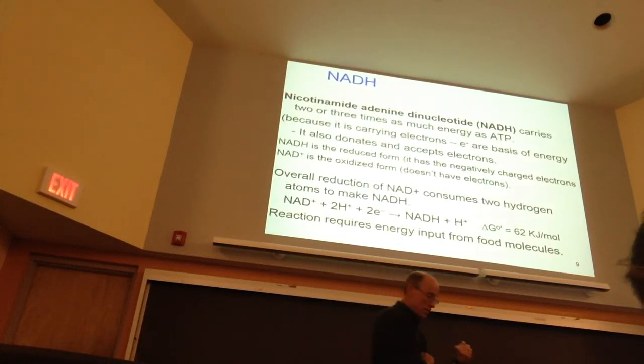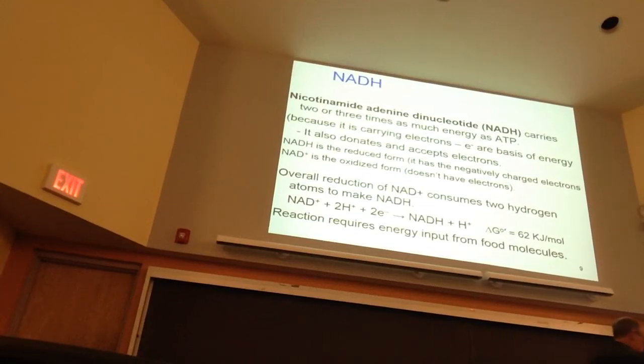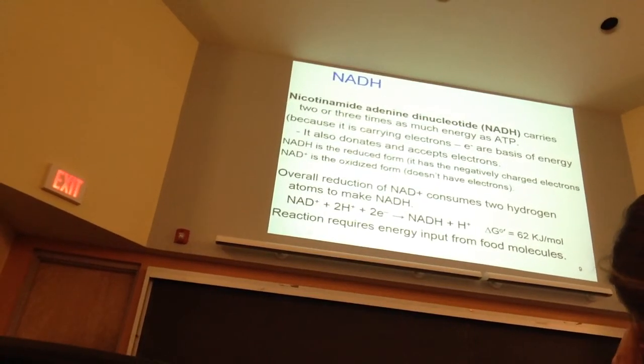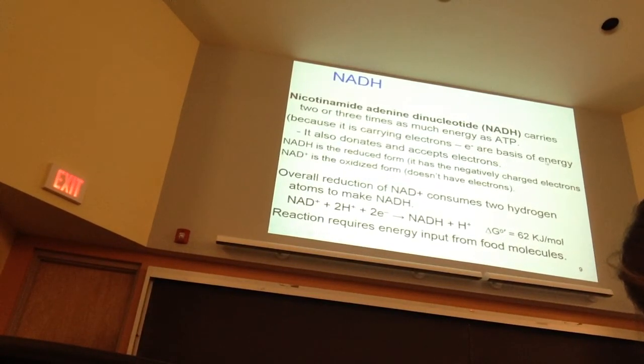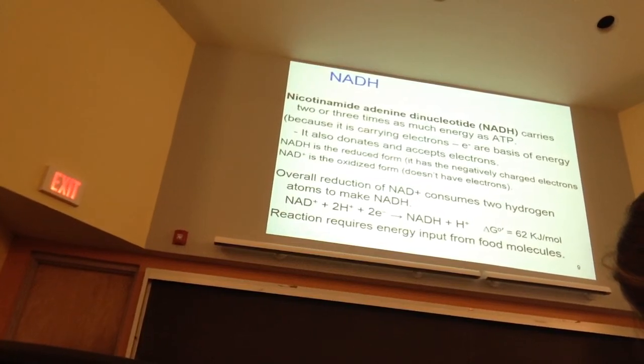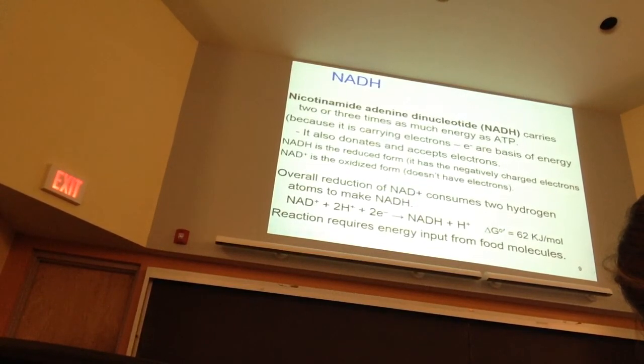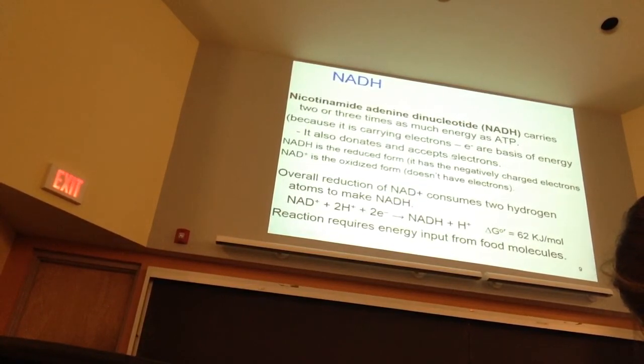To track energy is to track electrons, is one of the things I stress. The electrons are the basis of energy. And so NADH donates and accepts electrons, hence it's called an electron carrier. It can accept and donate electrons.